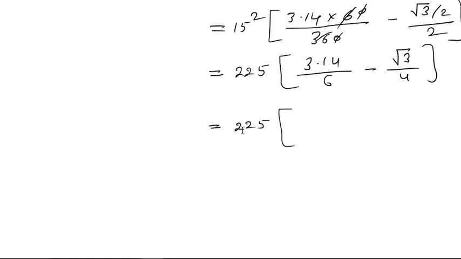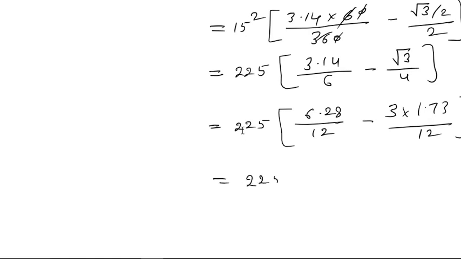So I multiply this with 2, so it becomes 6.28 divided by 12 minus, I multiply this by 3, so 3 into root 3 is 5.19 divided by 12. So this is 225 into 6.28 minus 5.19, whole divided by 12.